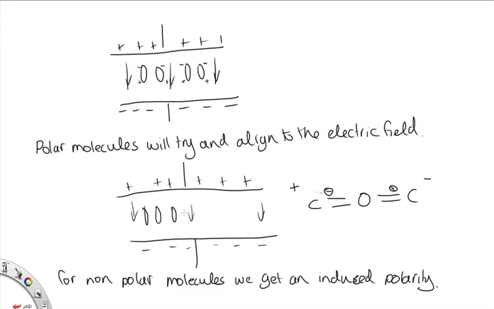They'll align up to the field like this so that they have a slightly negative charge up here and positive down here. So this is much like what happened when we put the metal in, though not as extreme, as there was no electric field inside the metal here. There is a small electric field inside our dielectric. The size of the electric field will depend on the exact material that we use.